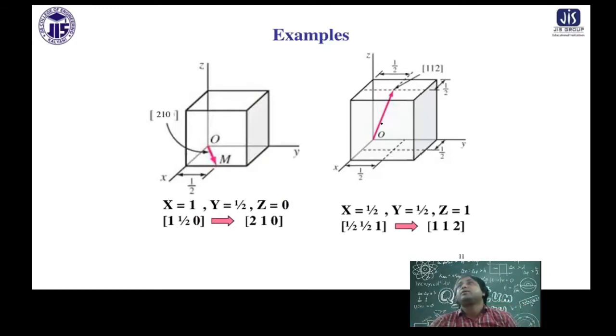Okay. Suppose you want to define this point, then how do you define it? Its intersection with the x is 0. Intersection with the y is 1.